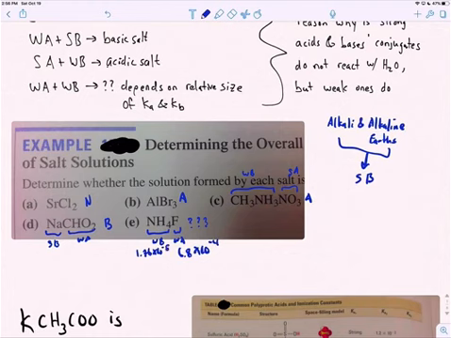Minus 4 is larger than minus 5, so the weak acid is stronger than the weak base. Therefore, this is an acid salt. It just depends on relative strength. Since the Ka value is larger than the Kb value, that's how you can tell. But that's a harder one. You have to look that up.